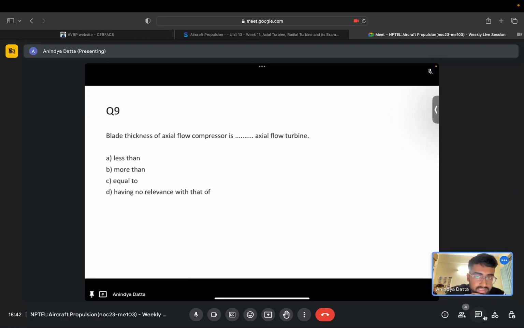Question 9, blade thickness for axial compressor. Basically, is the blade thickness for axial flow compressor rotor blades less than, more than, or equal to that of axial flow turbines? Let's say you have a blade like this, so this is basically referring to your blade thickness.